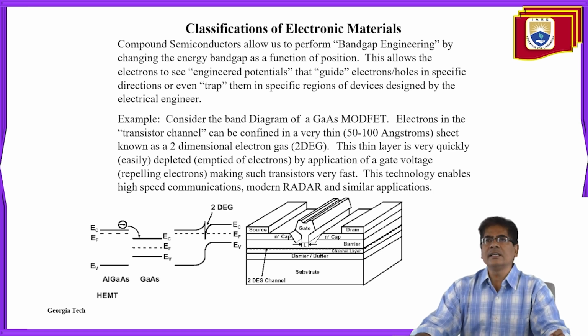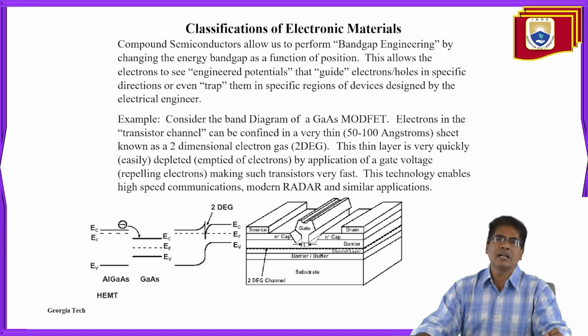Right? Consider the band diagram of a gallium arsenide MOSFET, that is metal oxide semiconductor field effect transistor. Electrons in the transistor channel can be confined in a very thin sheet, that is 50 to 100 angstroms, known as a two-dimensional electron gas, that is 2DEG.